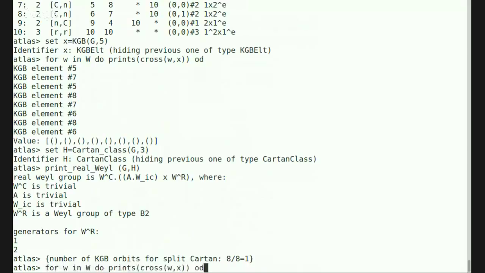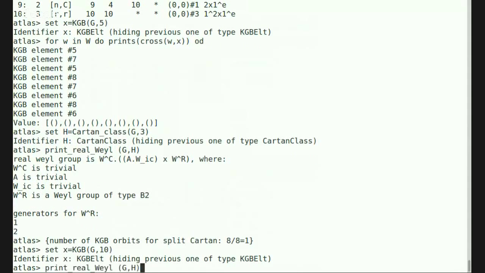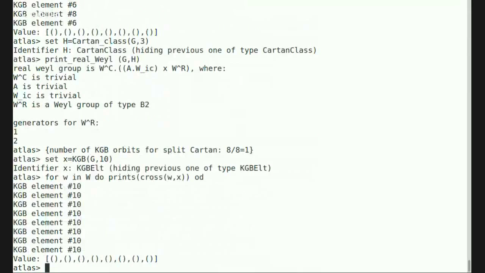I did this example already, but let's do it one more time. If you let X be KGB element 10, you see that the entire Weil group stabilizes it.